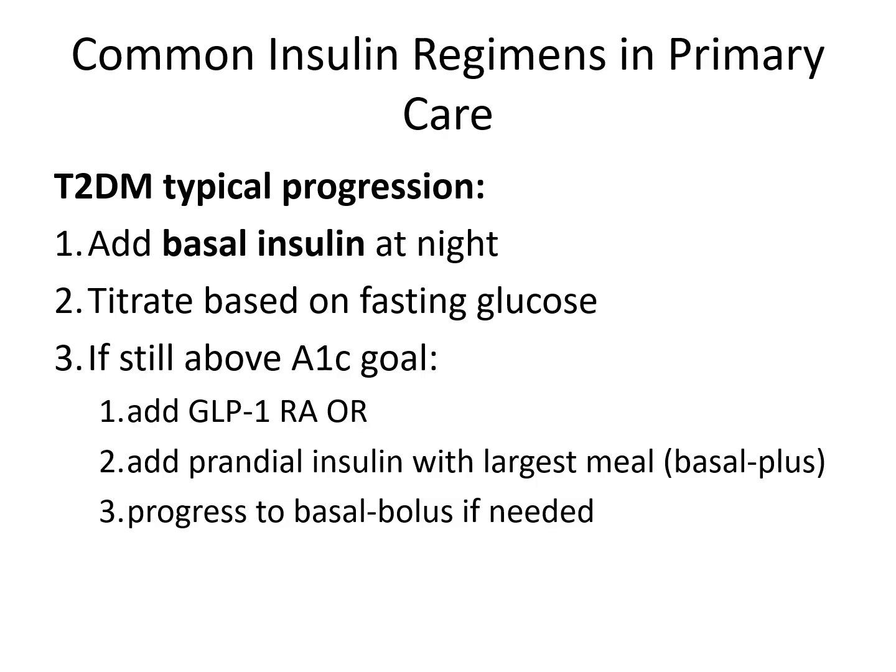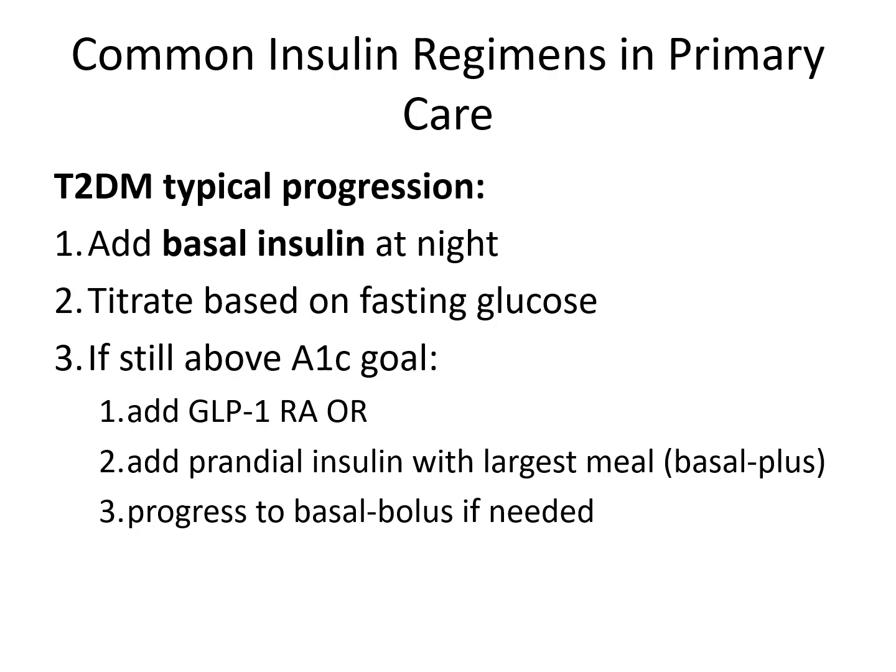If the patient is still above their A1C goal despite optimizing the fasting glucose, we then have two main next steps. Number one option is to add a GLP-1 receptor agonist, especially if weight loss or cardiovascular benefit is desirable. And then another option is to add a prandial insulin with the largest meal, often called a basal plus strategy.